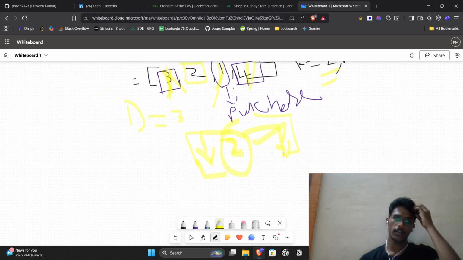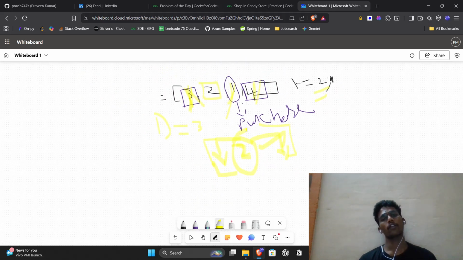That's it. And for this, what I'm going to do is I would sort this array. Just try to figure out the pattern. We have to sort this array in order to get the cheaper elements at the front and the costlier elements at last.